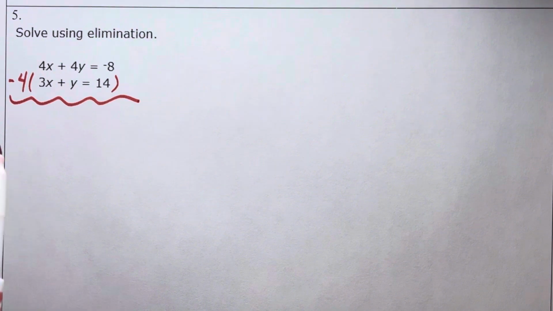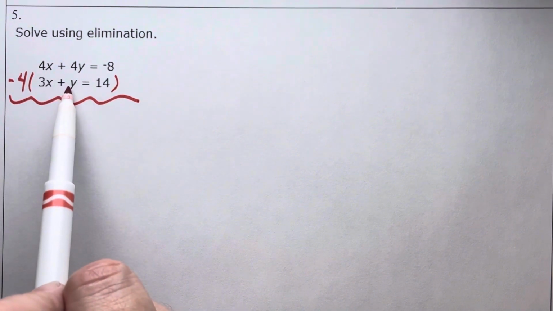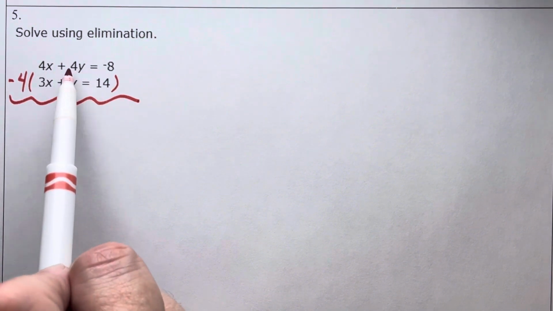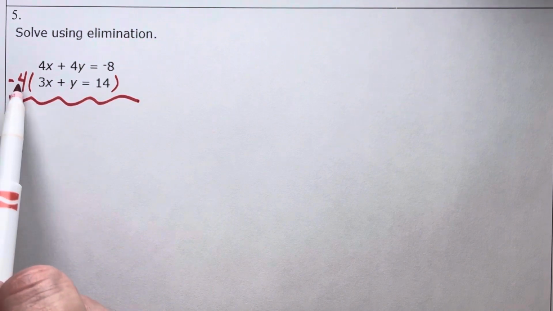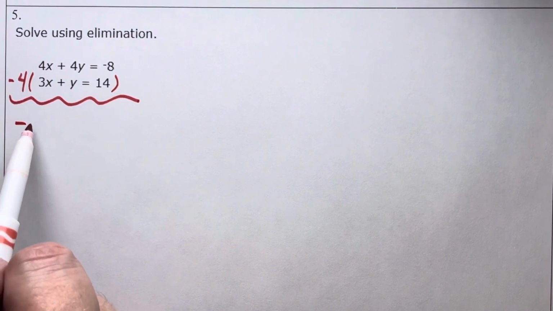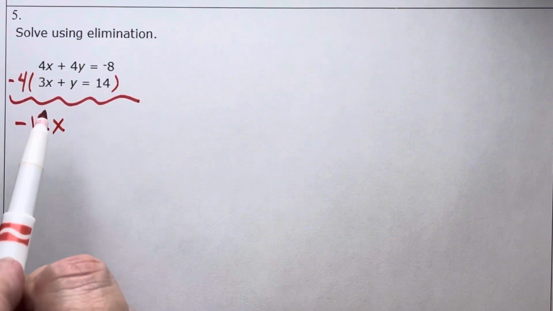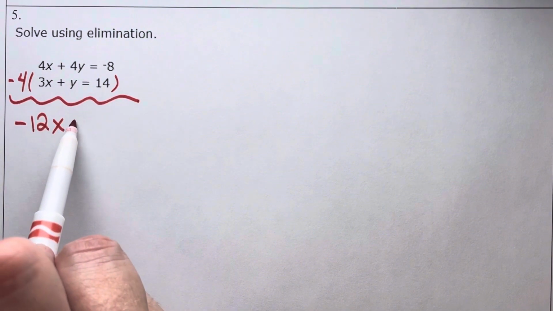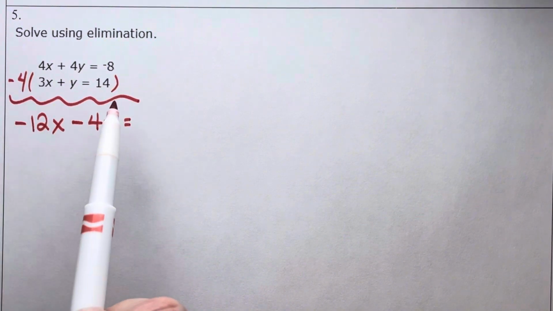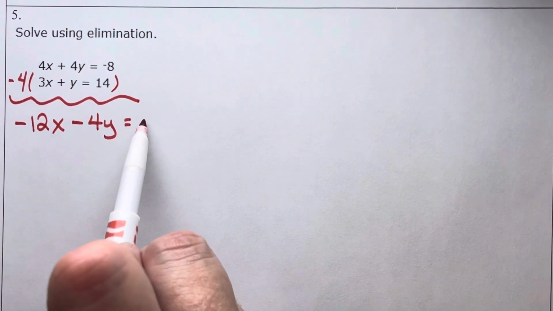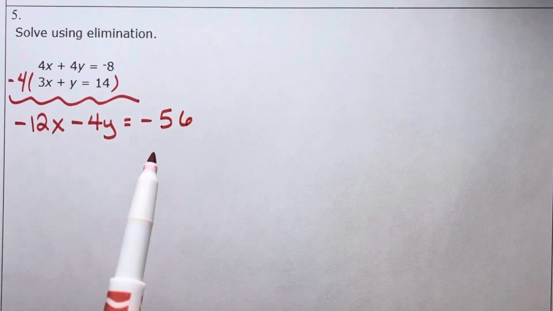Doing this will create a negative 4y when I already have a positive 4y in the other equation. Let's see what our new equation looks like. Negative 4 times positive 3, well, that's negative 12x. Negative 4 times y is negative 4y, equals negative 4 times 14, which is negative 56.